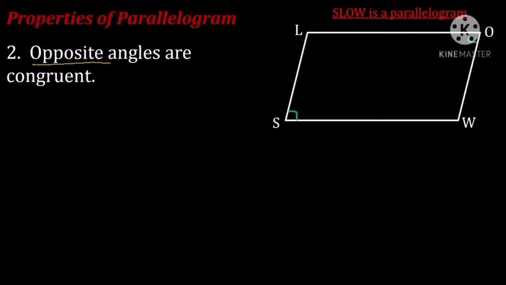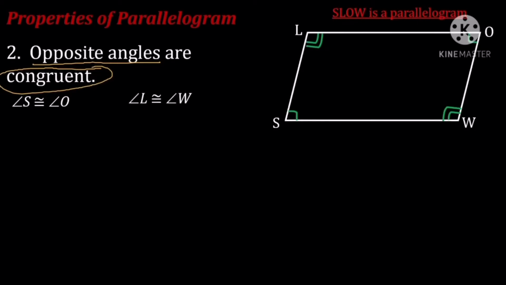So, first pair of opposite angles are angle S and angle O. So, based on the properties of parallelogram, opposite angles are congruent. So, we can say that angle S is congruent to angle O. Another pair of opposite angles are angle L and angle W. Again, since they are opposite angles, we can say that angle L is congruent to angle W.